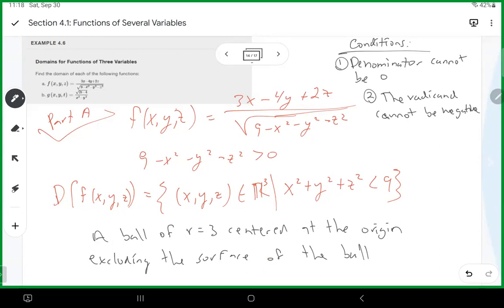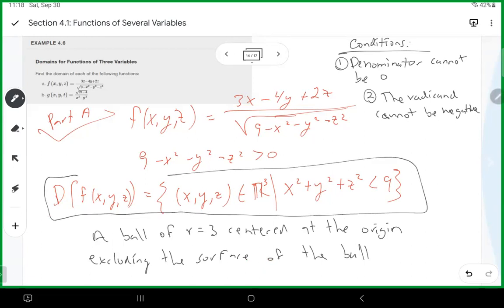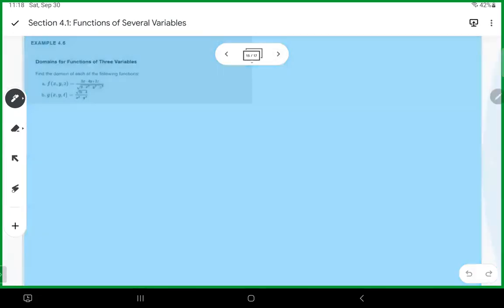Okay, that's what the domain is. All right, part B is on the next slide.